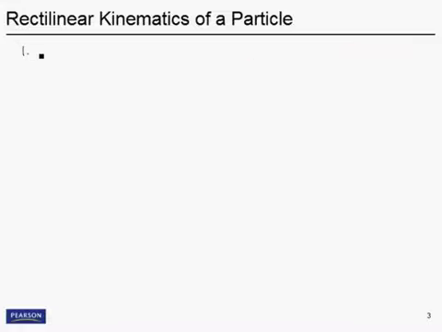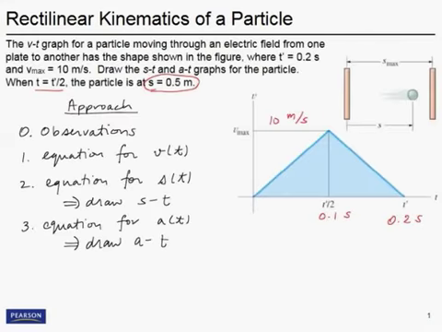So step 1. Let's go ahead and write an equation for the velocity as a function of time. We've got a couple of things to think about here. Let me go back to the original picture and make some observations.